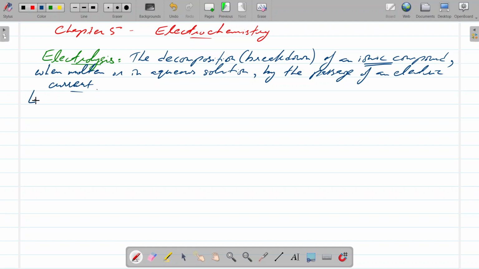Right? And then whatever ionic compound is being used, either in the molten or aqueous state, in the process of electrolysis, it is termed an electrolyte.